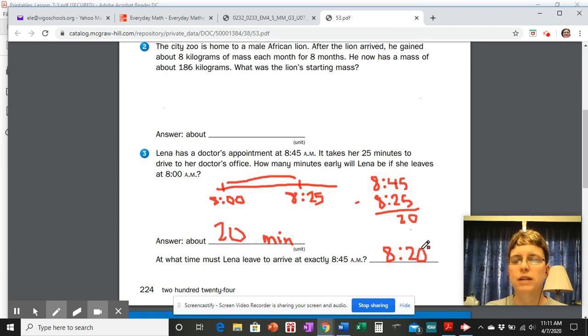So all I did on that one is I counted backwards from 8:45. So I counted backwards 25 minutes on the clock. So that would be 5, 10, 15, 20, 25. So 8:45, 8:40, 8:35, 8:30, 8:25.